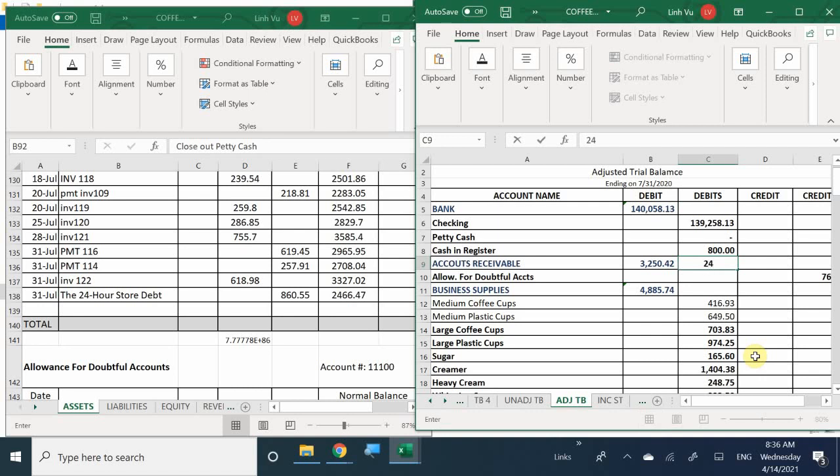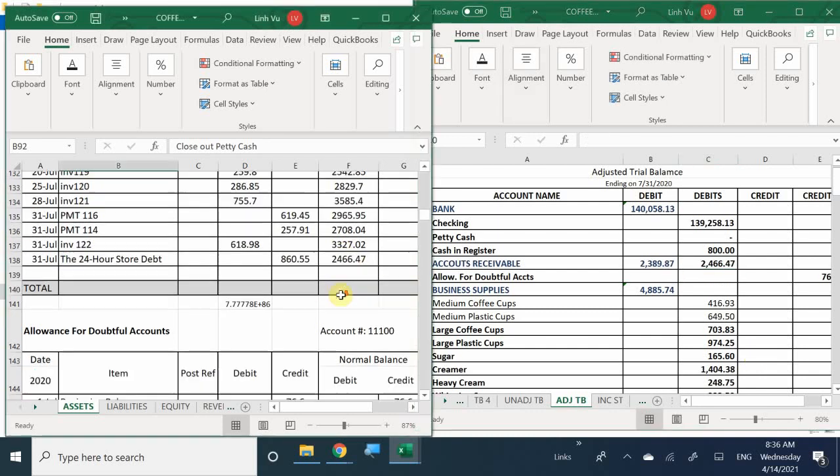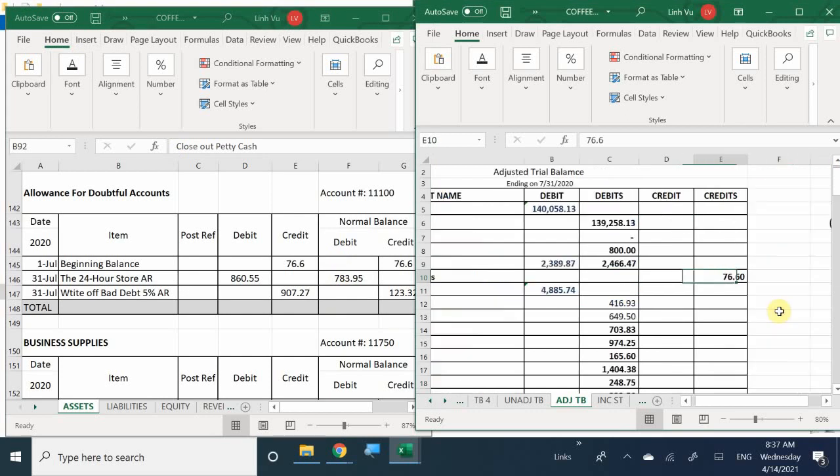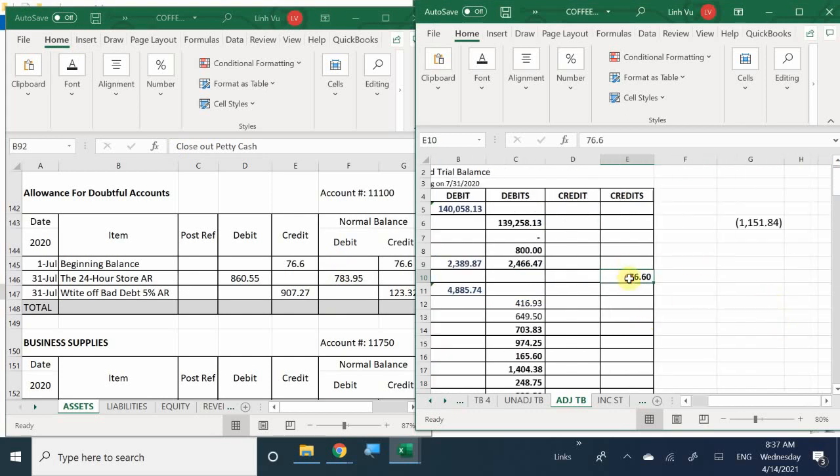24, 66, 47. Okay, so we decreased our account there. And then what about my allowance for doubtful accounts? 123.32 on credit. 32, yes.